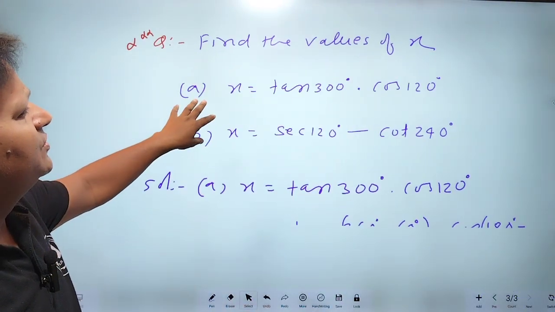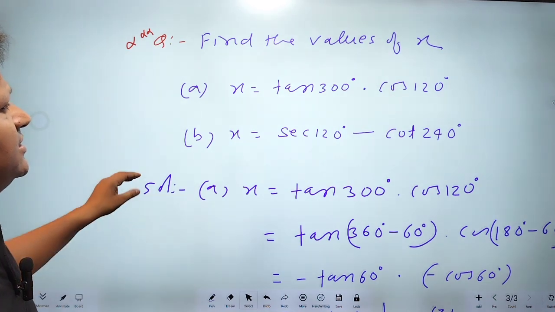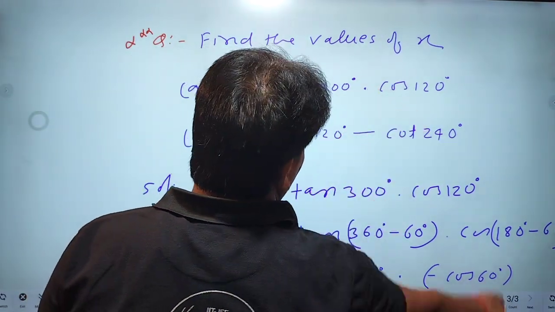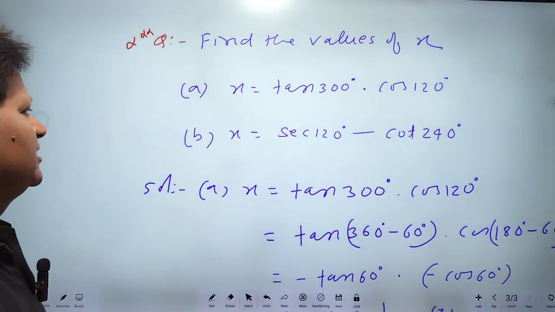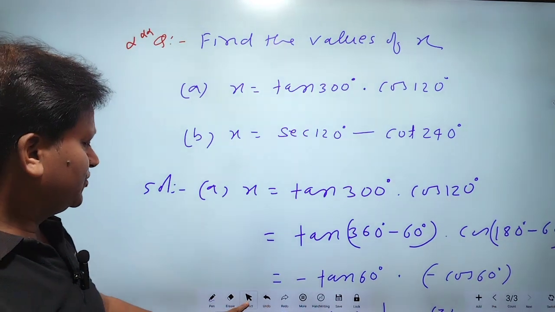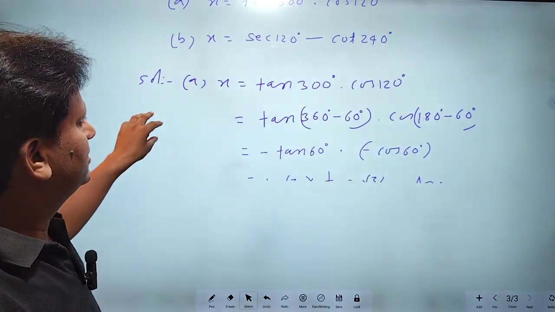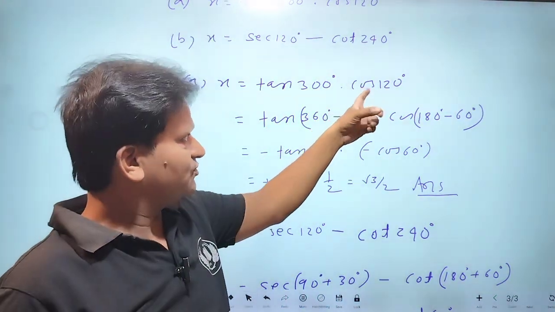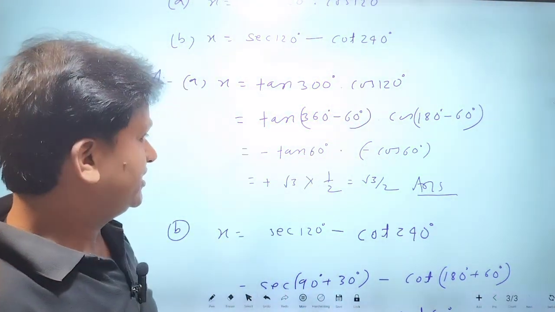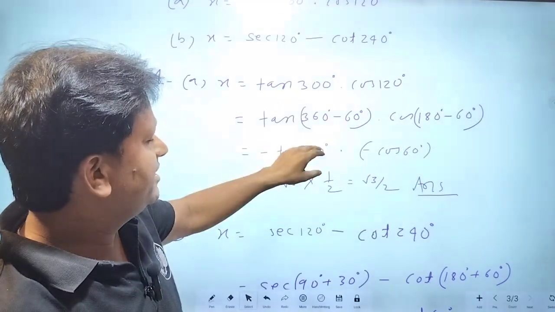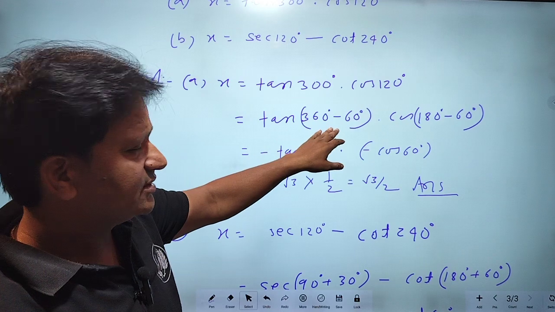Find the values of x. X is equal to tan 300 degree into cos 120 degree. X is equal to sec 120 degree minus cot 240 degree. This is x is equal to tan 300 degree cos 120 degree. You can change 300 like this.